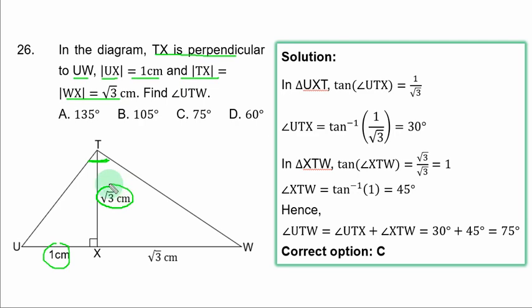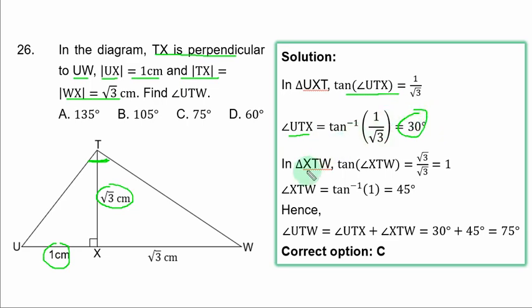So it is tan that defines that. So you have tan of angle UTS equal to 1/√3. So to get UTS, you take the inverse of tan, and tan inverse of 1/√3 is 30 degrees.